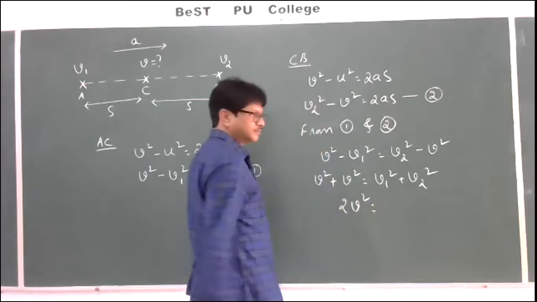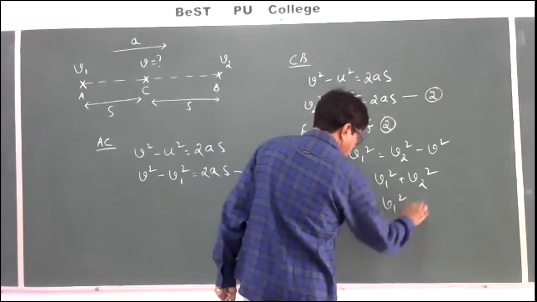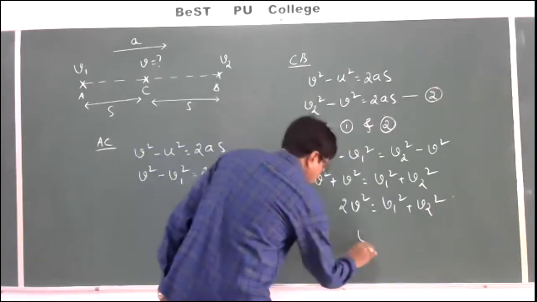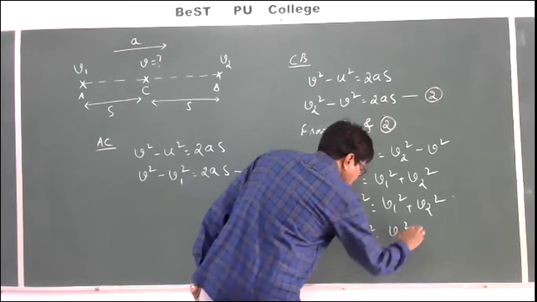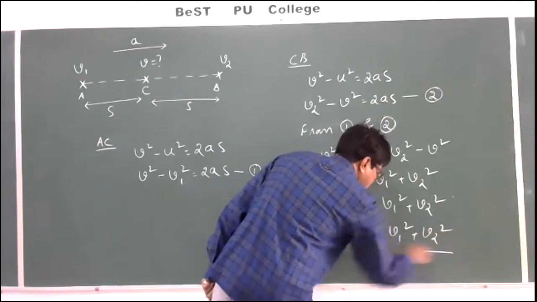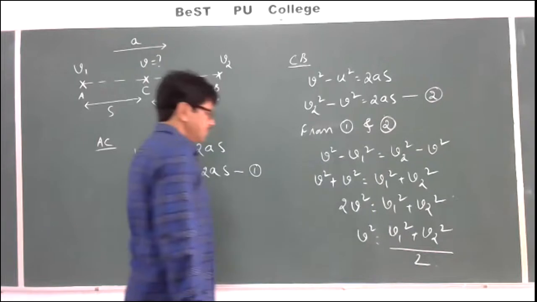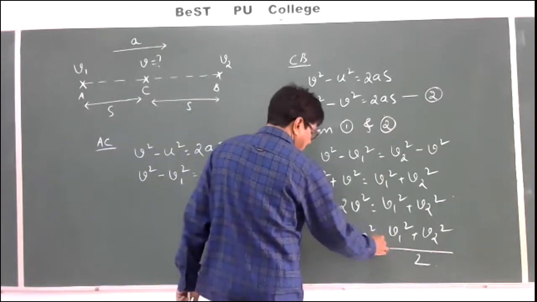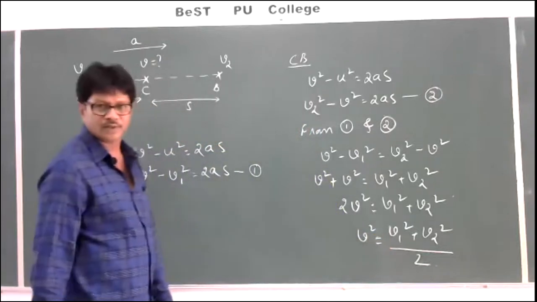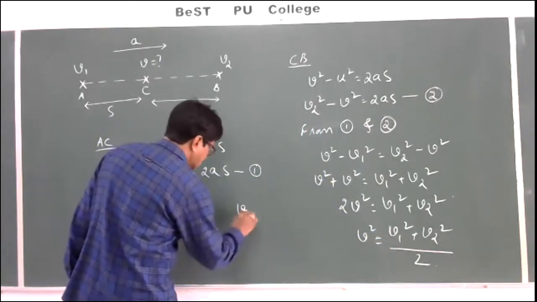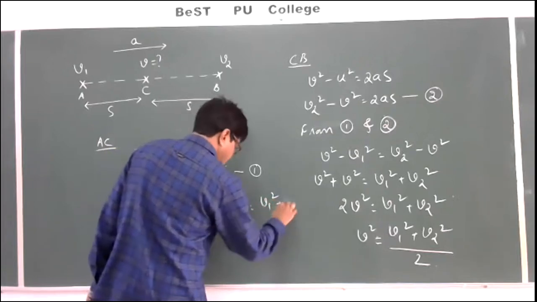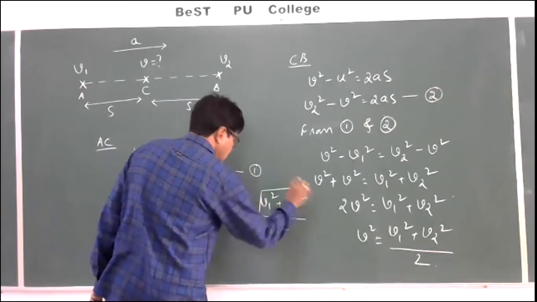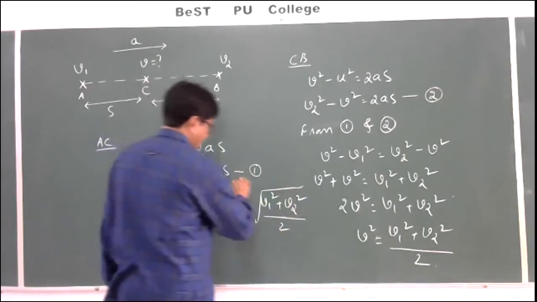Very good. 2V square is equal to V1 square plus V2 square, then V square is equal to V1 square plus V2 square by 2. From here we will write V is equal to square root of V1 square plus V2 square by 2.